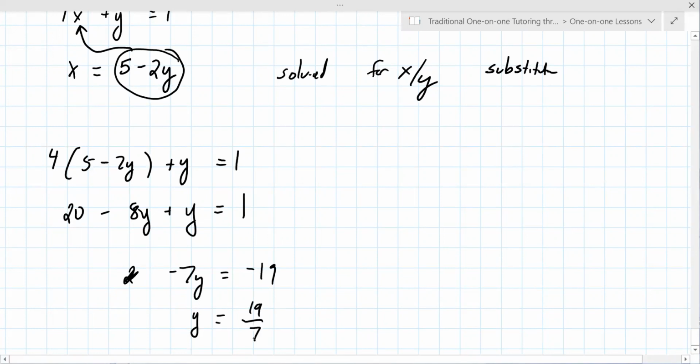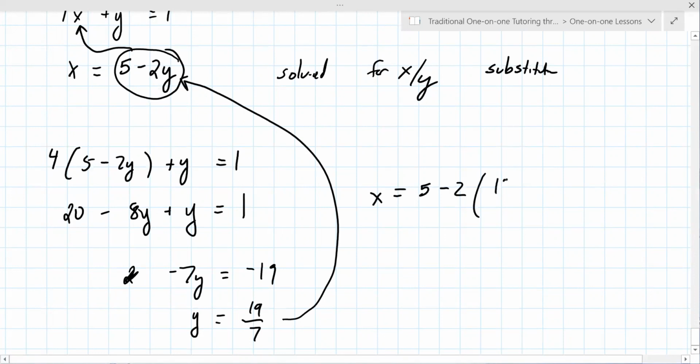And then you've got to substitute it back in. Now it seems bad, but because x was already solved for you, you just plug that number in. It's always got two parts.